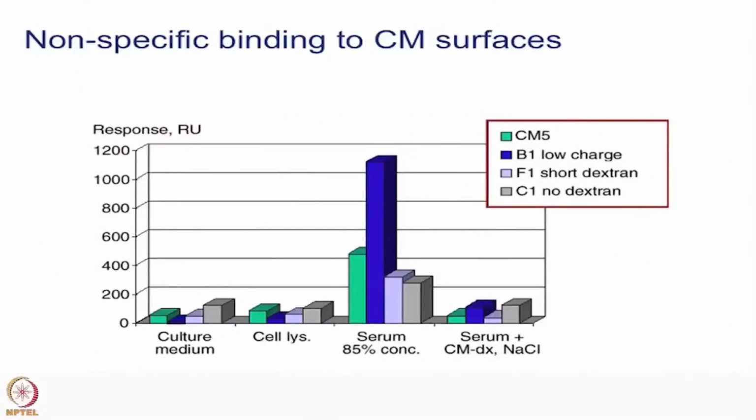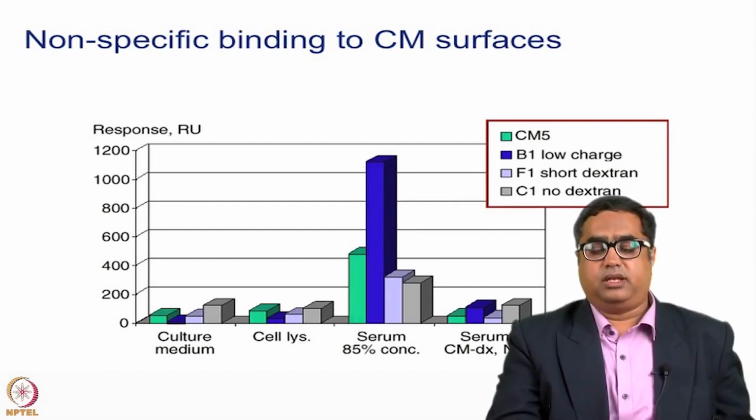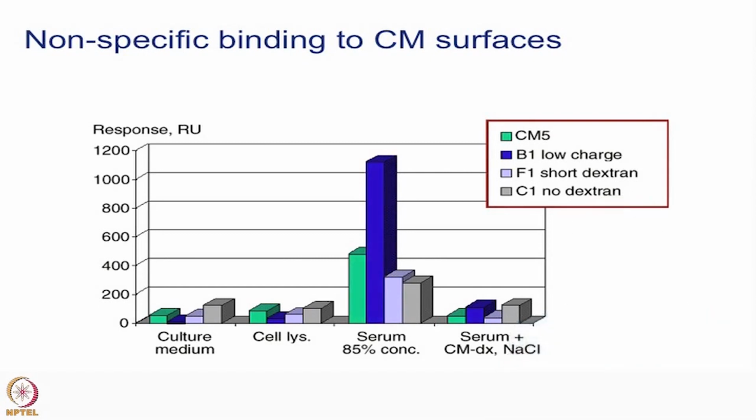The CM surfaces have very little non-specific binding when used with culture media, cell lysates, and serum, both diluted and undiluted. These days people also use these sensor chips for immobilization of cells, bacteria and viruses, and for the passage of very complex analytes like blood.